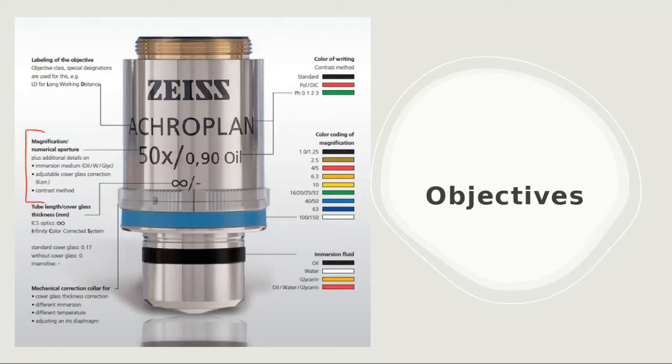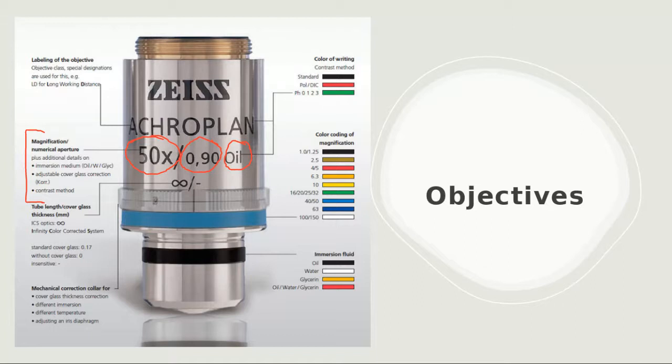So 50x means it's 50 times magnification. The 0.90 is the numerical aperture. And this last one says oil. This is for immersion fluid.